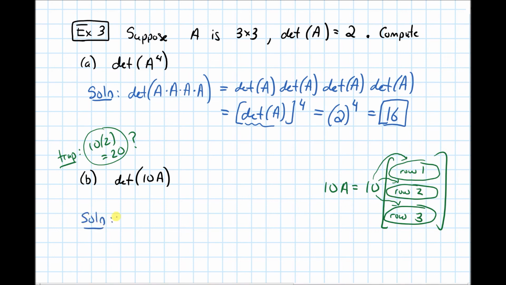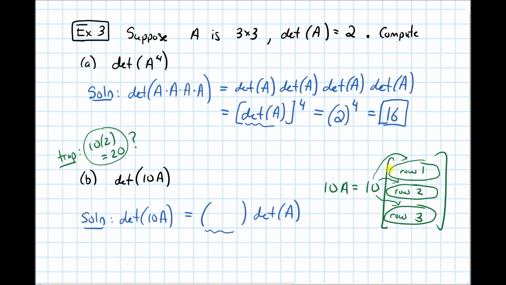So the determinant of 10 times A is going to be equal to something times the determinant of A. What this number is depends on what each of the rows is being multiplied by.